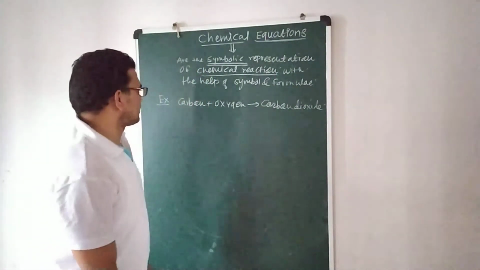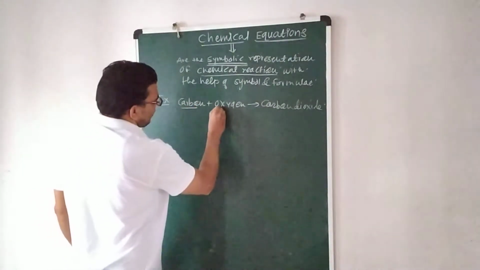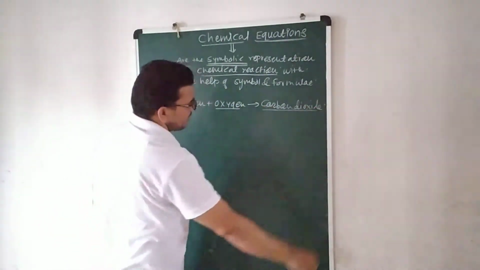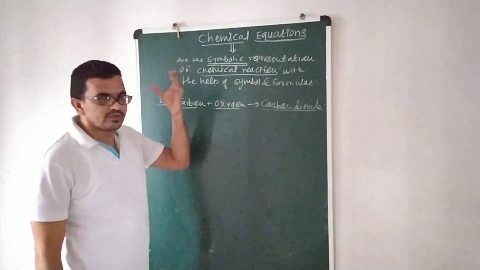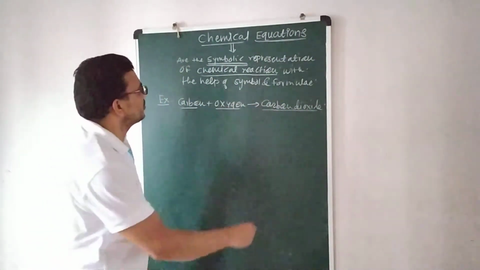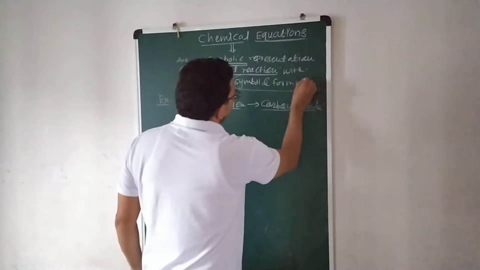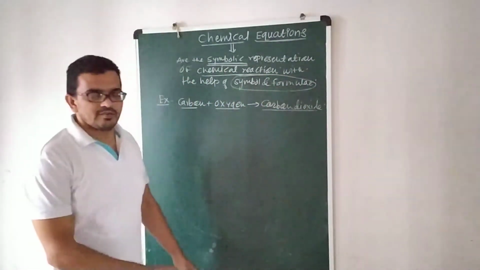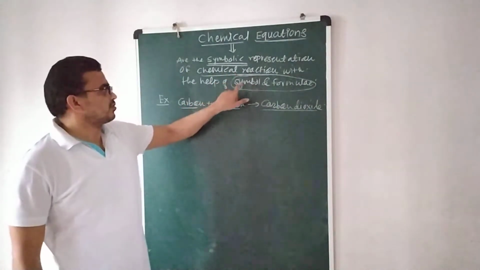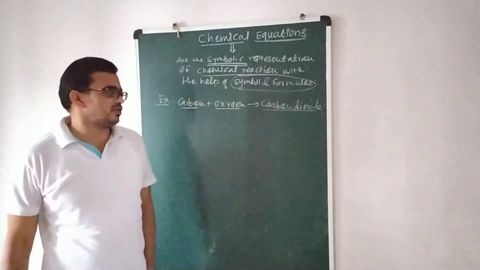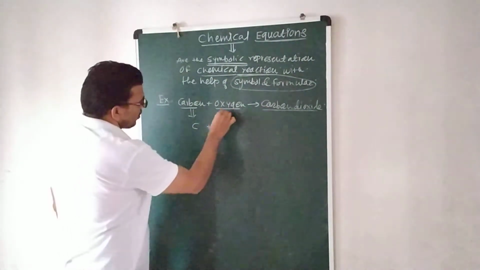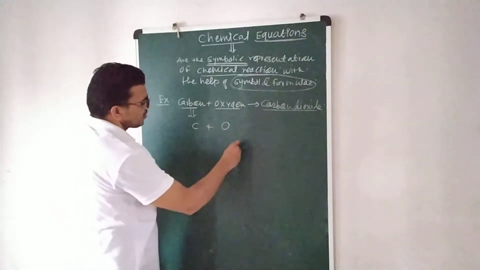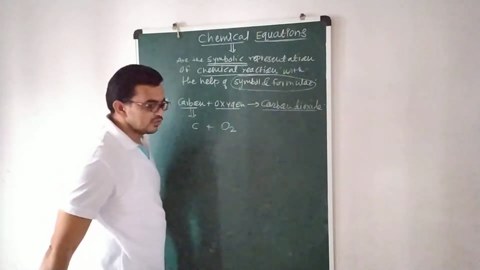In this reaction, you can see carbon and oxygen react and give carbon dioxide. But now the same chemical reaction we have to write with the help of symbols and formulae, and that is nothing but the chemical equation. The symbol for carbon is C, the symbol for oxygen is O, but here the oxygen molecule you have to take as O2.